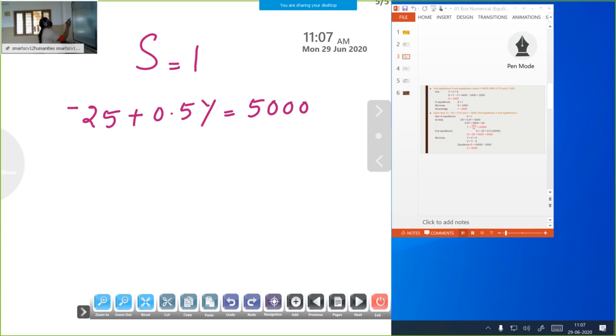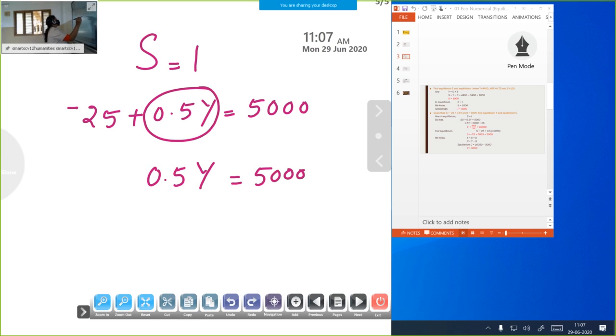Then from here, we can keep this here: 0.5Y is equal to 5,000. What will come? Minus 25, so minus 25 here will come plus 25.